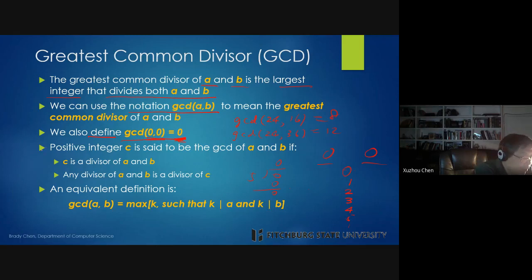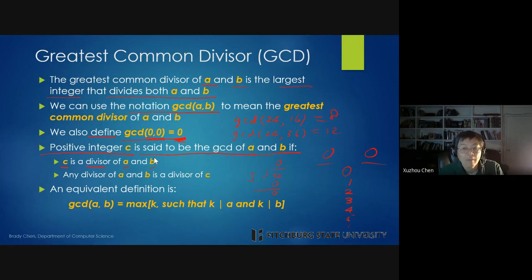So here's the property for the greatest common divisor. A positive integer c is said to be the greatest common divisor of a and b if c is a divisor of a and b, of course, right? First, the greatest common divisor is a common divisor.